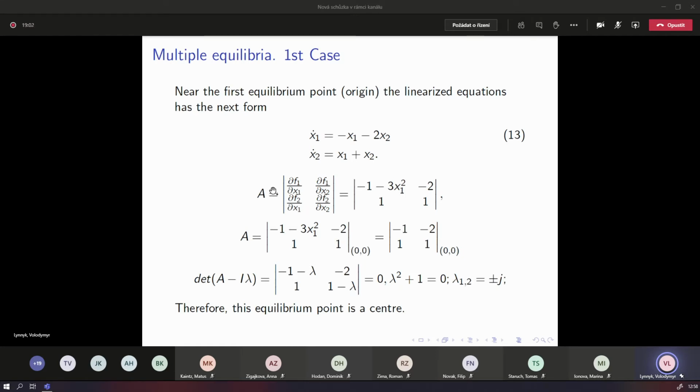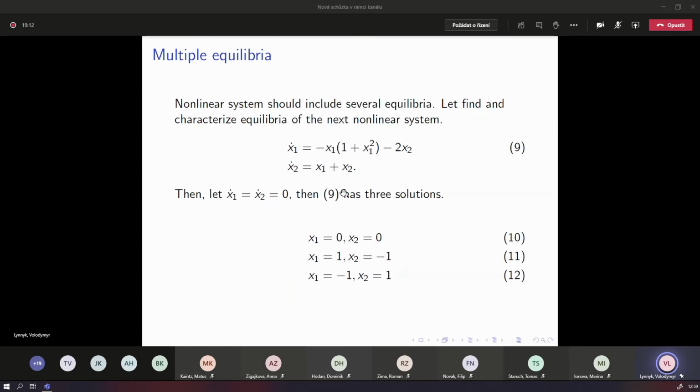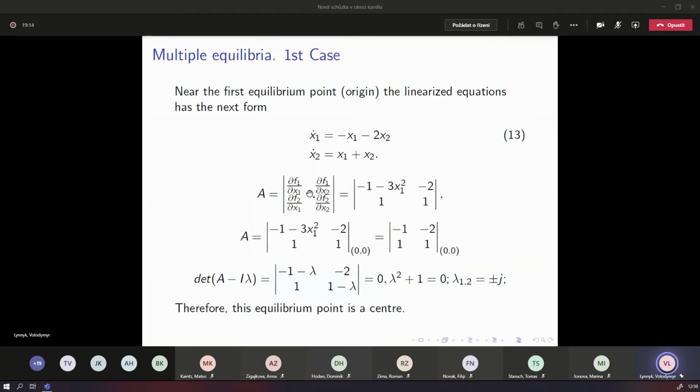We calculate the Jacobian from the original equation, and then we put 0, 0 here, and find that matrix A equal to this Jacobian is minus 1, minus 2, 1, 1.